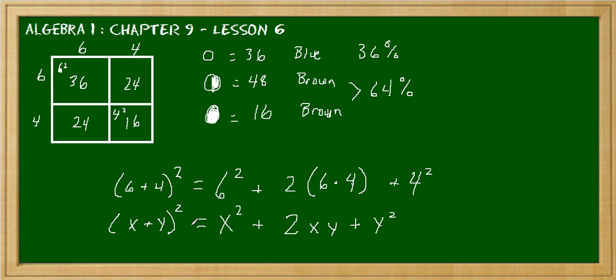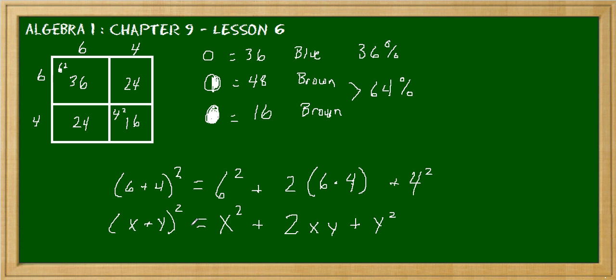We have 20 times 20, which is 20 squared. We have 20 times 5, and we multiply them each twice. So we have 2 times 20 times 5. And then we add 5 squared at the end, and when we add it all up, it's going to add up to 625. And if you were to take your calculator or just multiply it on the side, 25 times 25, you'll see that it's 625.